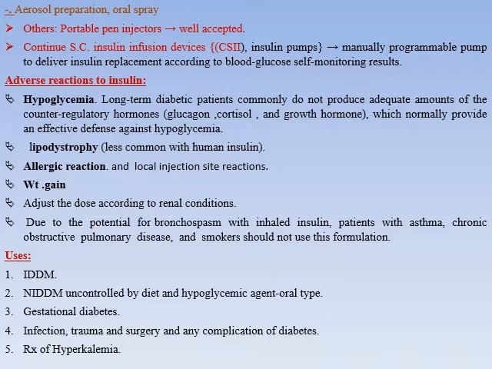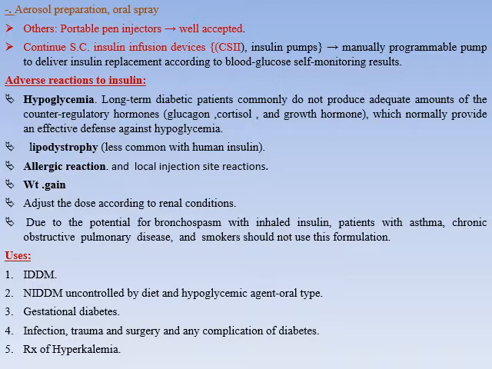glucose in the blood. What about the adverse effects? The hypoglycemia, usually with the preparations that are long acting, and also the lipodystrophy, which is hypertrophy or atrophy of the subcutaneous fatty tissue at the site of injection. So we should advise the patient to change the site of injection from time to time.